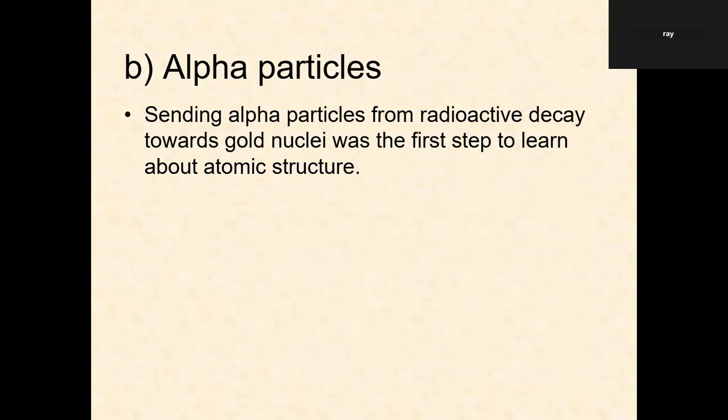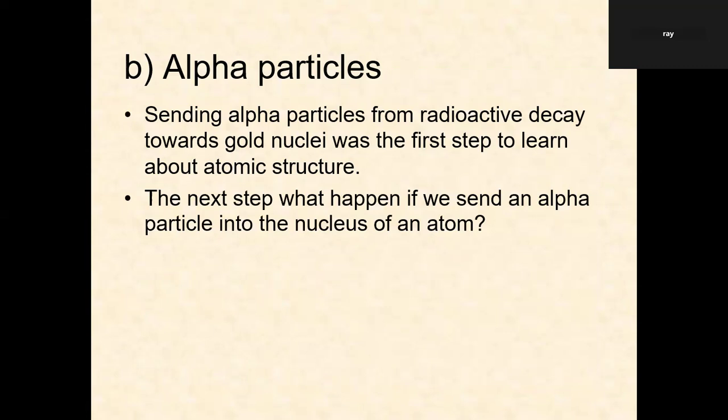Sending alpha particles from radioactive decay towards nuclei was the first step to learn about atomic structure, how the atom is built up. The next step: what happens if we send an alpha particle into the nucleus of an atom?